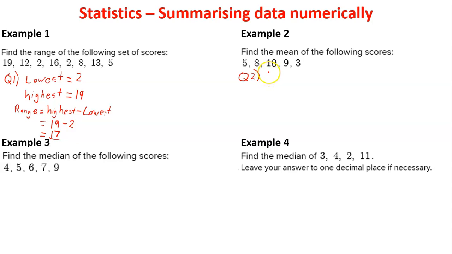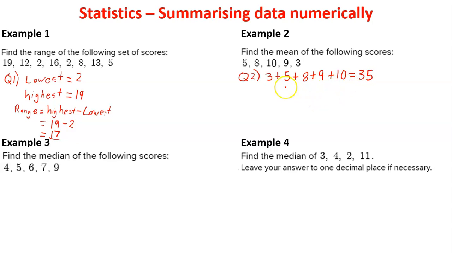Now I can put them in order. It's probably a little bit easier if I do 3 plus 5 plus 8 plus 9 plus 10. Now I would write this in my book. I can use my calculator to add all these up and it'll give me 35.